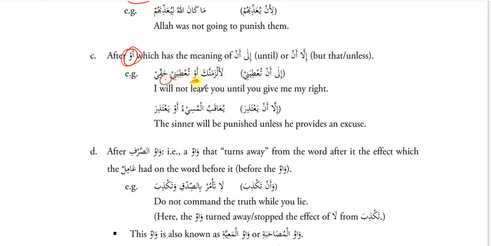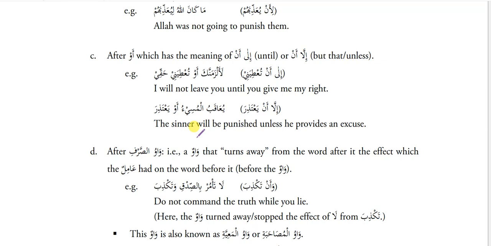So now we are saying that this aw is actually harf atf, but again we are using harf aw here before fi'l muzare. So now the same word is being used in a different format.